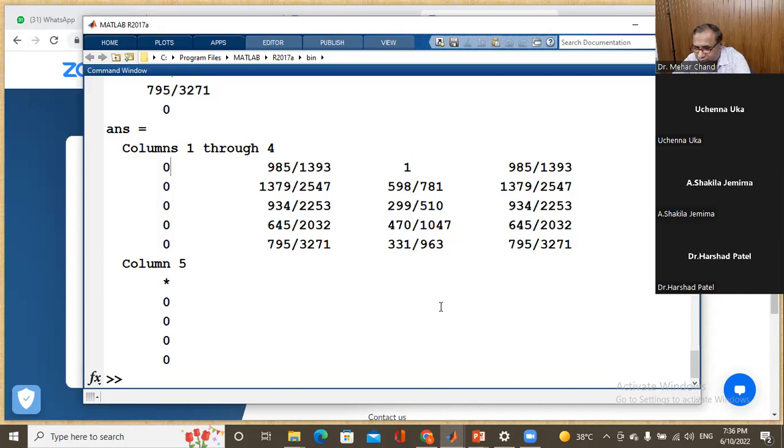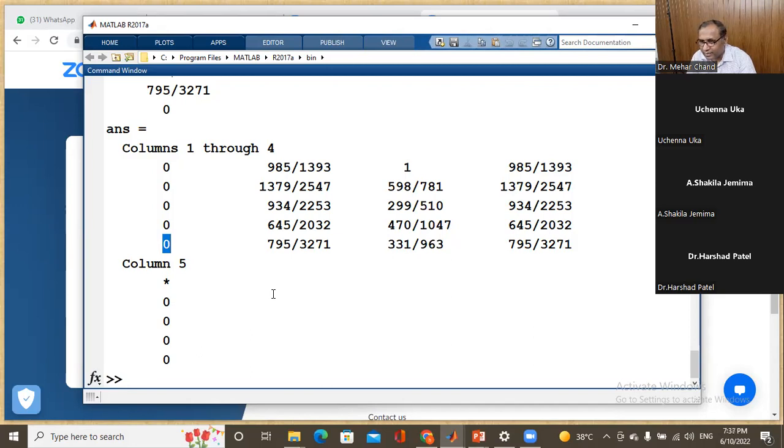Now all the values are U, which depends on the space variable X and the time variable T. So suppose my question is: one rod is there and the rod length is 0 to 1.